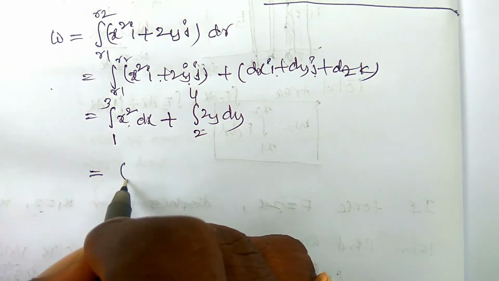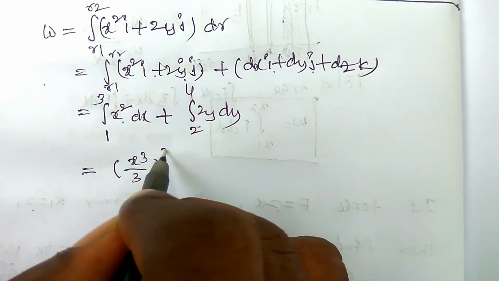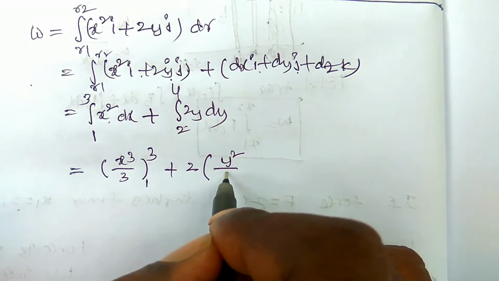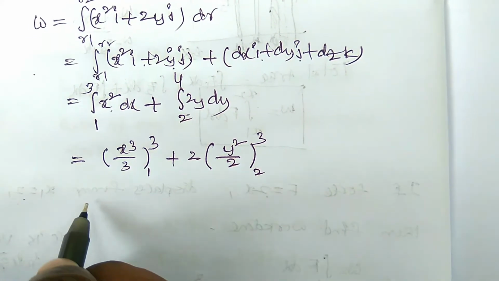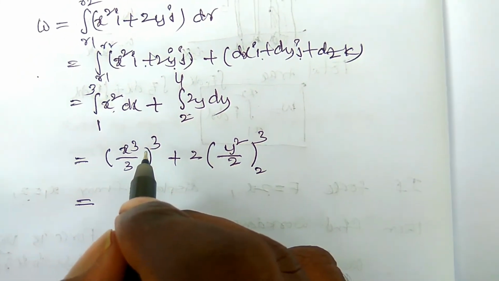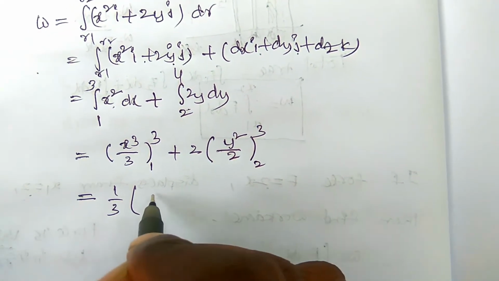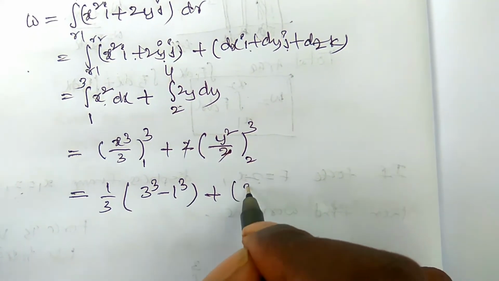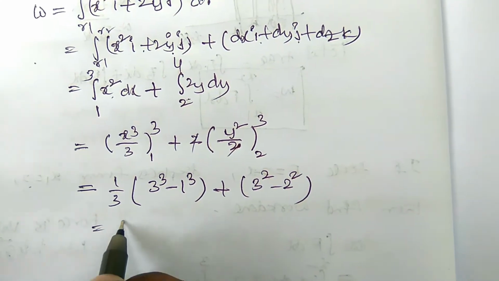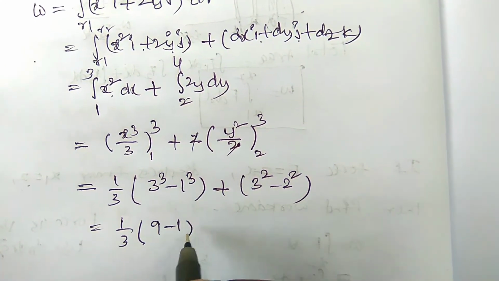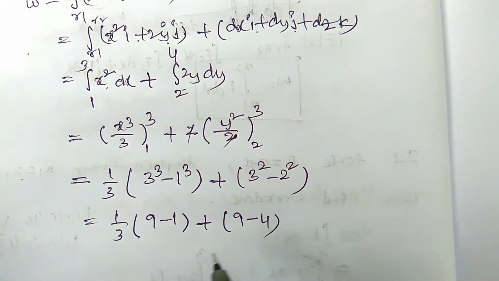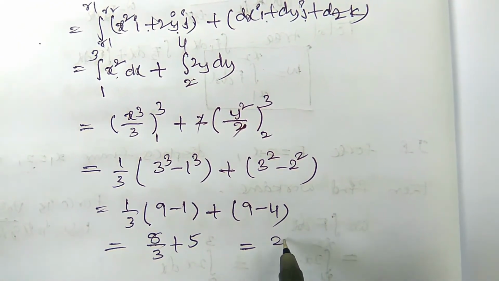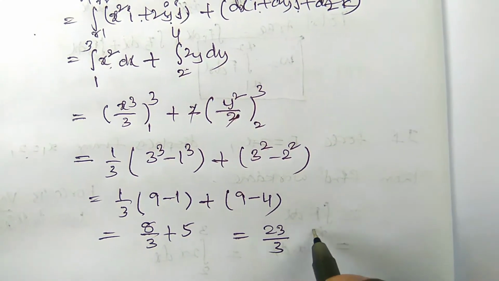It is the integral of x cube by 3, from 1 to 3, plus 2 will come outside, and y square by 2, from 2 to 4. So replacing upper limit minus lower limit, it is 1 by 3 will come outside, 3 cube minus 1 cube, plus 2 will be cancelled out, it is 4 square minus 2 square... Okay, it is equal to 1 by 3 into 27 minus 1, plus 9 minus 4, which is equal to 8 by 3 plus 5, which is equal to 23 by 3 joules.